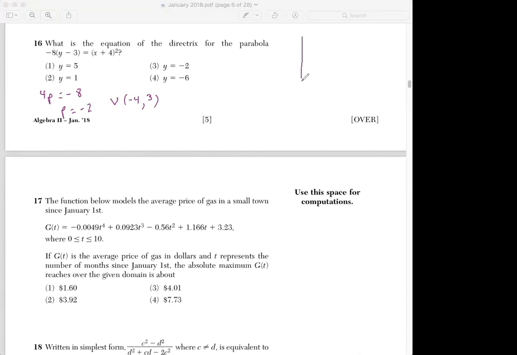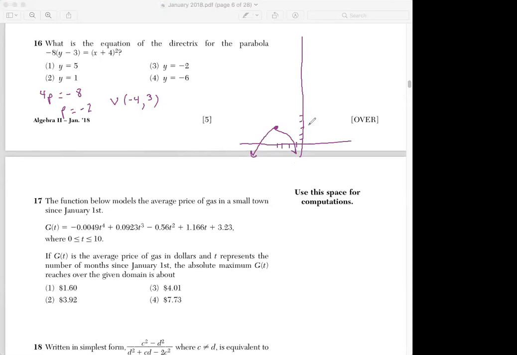So I'll draw this thing. -1, 2, 3, 4, +1, 2, 3. This is the vertex. It opens down. And the p-value is 2.